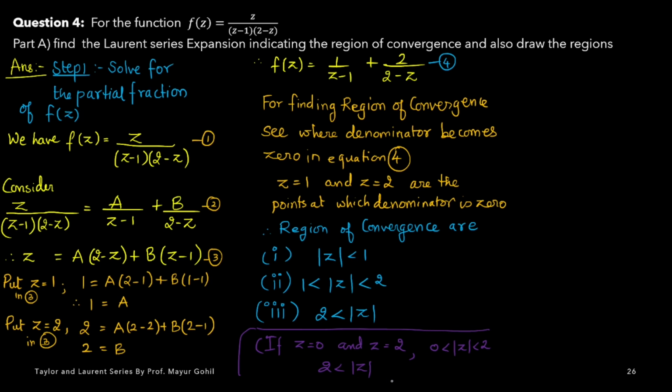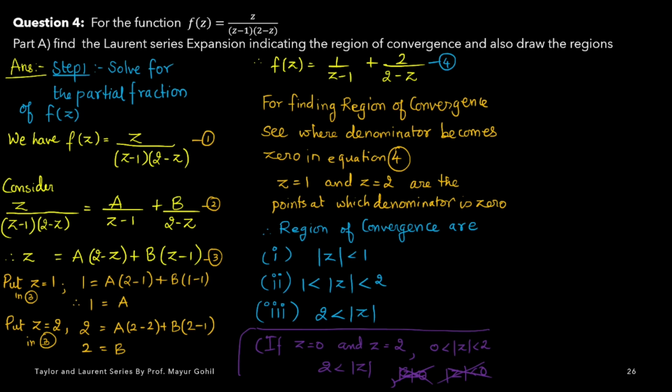You can't have the region where mod z is less than 0. It is mathematically not correct, and it is senseless, because mod z itself is the radius, and radius cannot go negative. That is the fixed notion in mathematics.